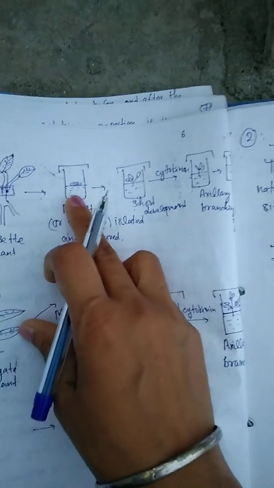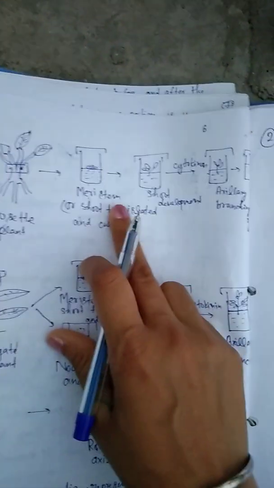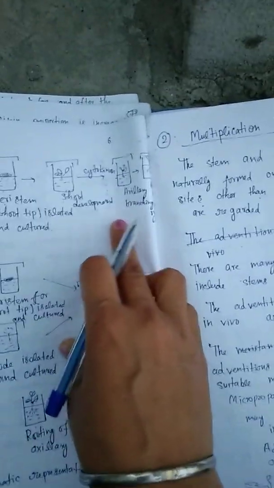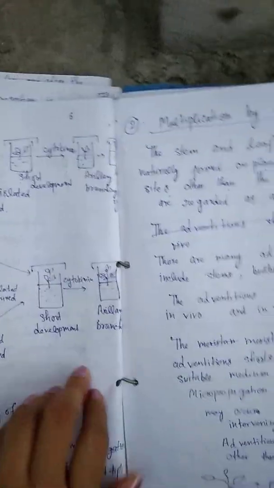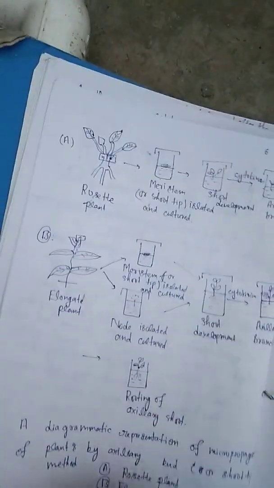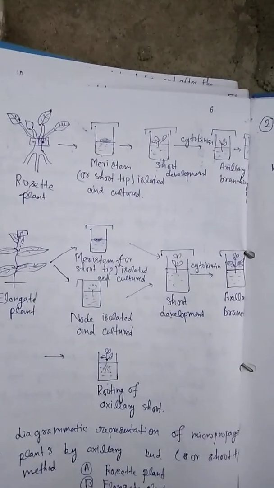So this is the media in which shoot tip is cultured, and after the culturing process, shoot and root are developed in this diagram. So this diagram is showing the shooting and rooting procedure that is developed from the small explant.